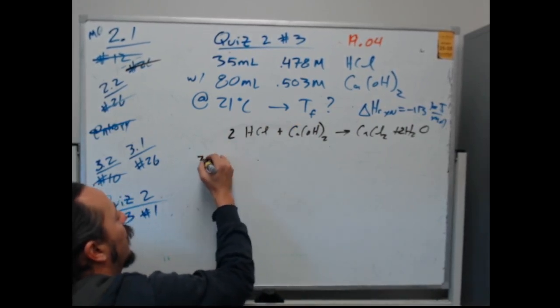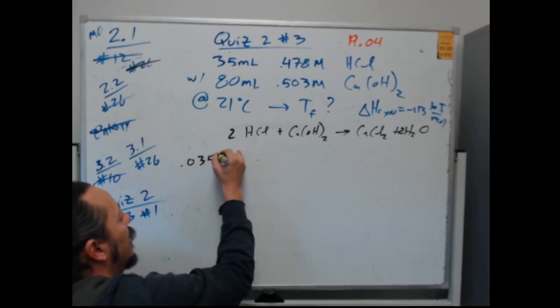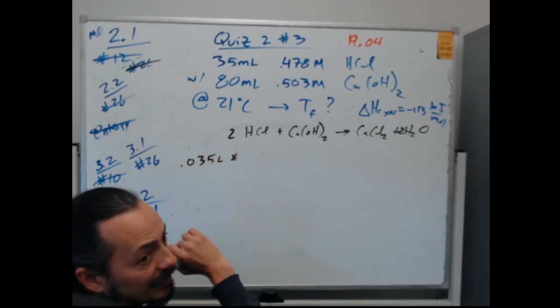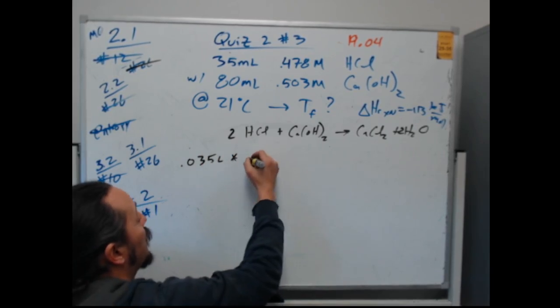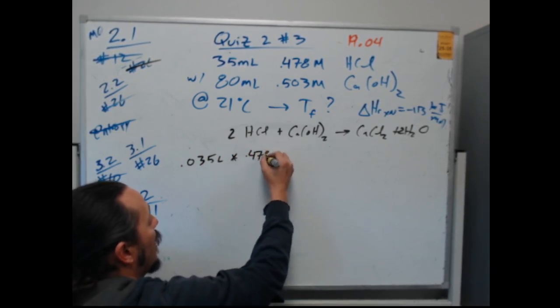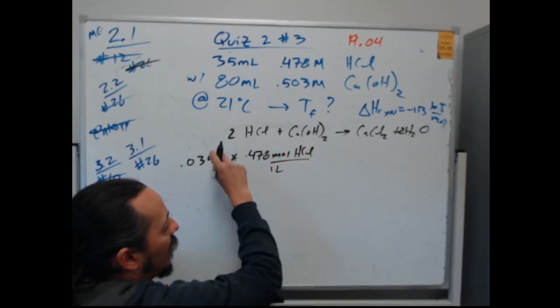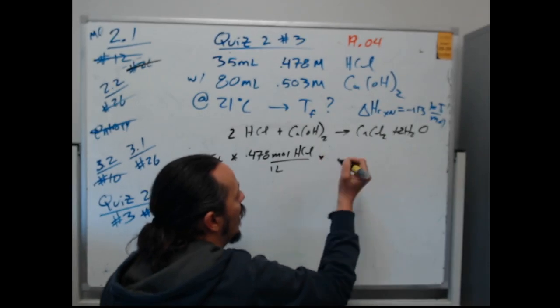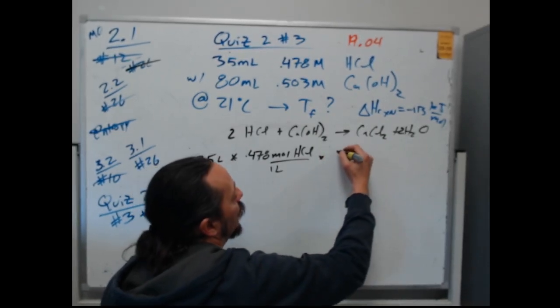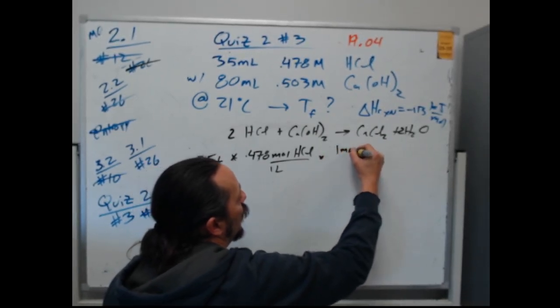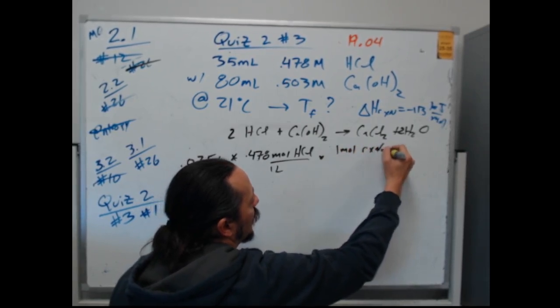So I'm going to do 0.035 liters. I'm going to write my units because I'm going to mess it up if I don't. Times 0.478 moles HCl per 1 liter. That will cancel out my units of liters. And then I'm going to do 1 mole of reaction.